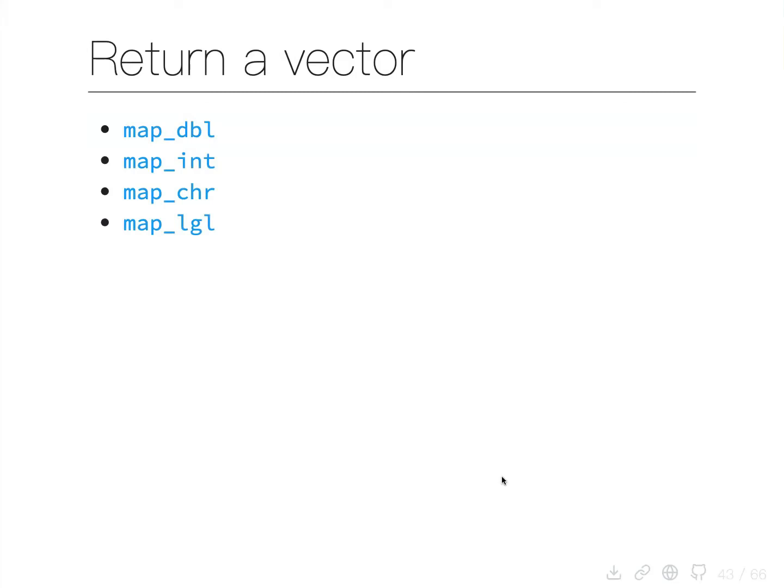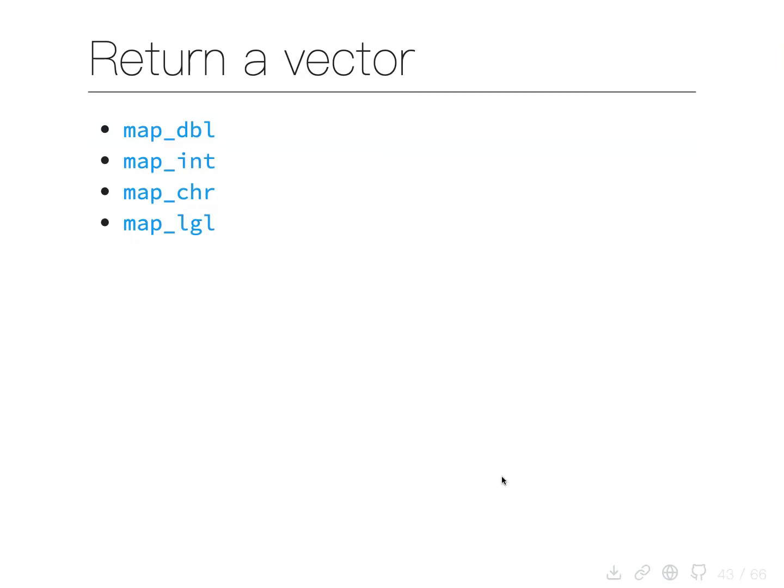Rather than having it always return a list, it's going to always return one of the 4 fundamental atomic vector types. So basically now through map, you have 5 functions to do what in base R we did with 2 functions.